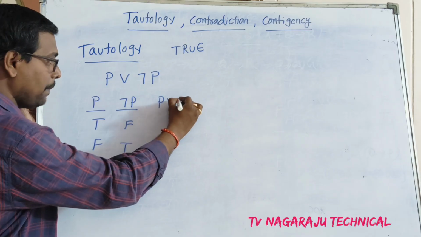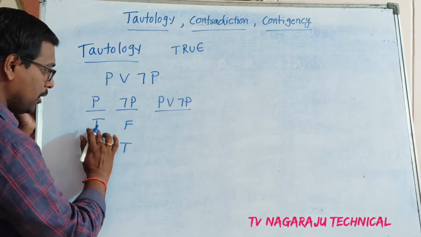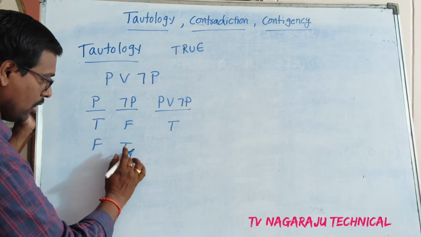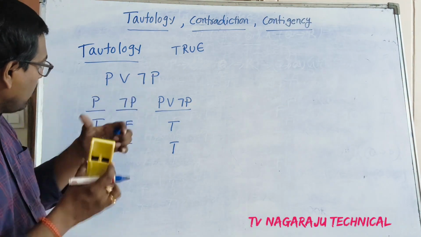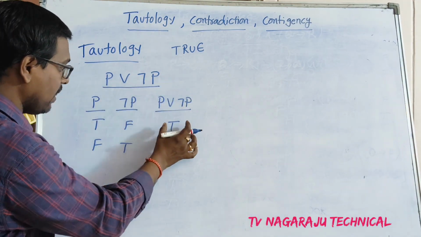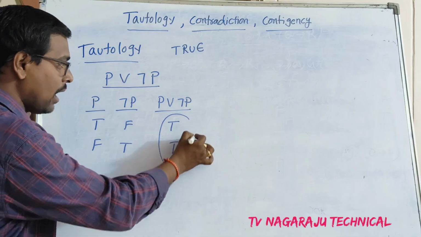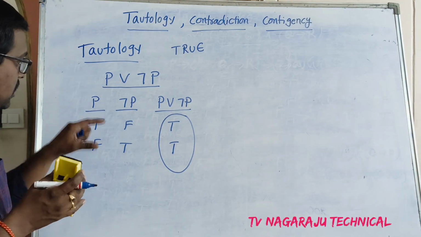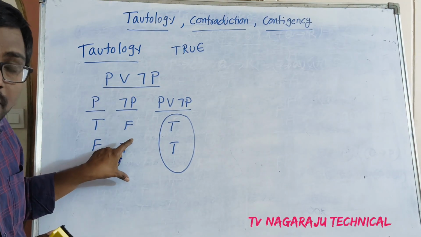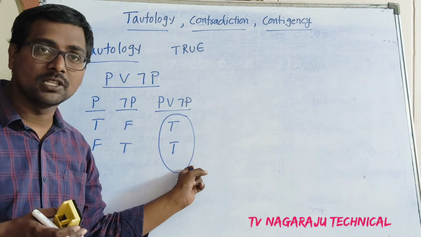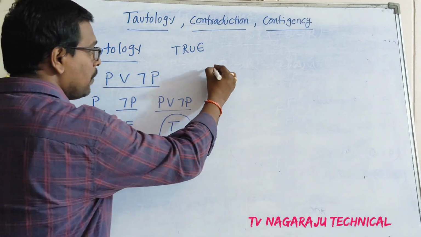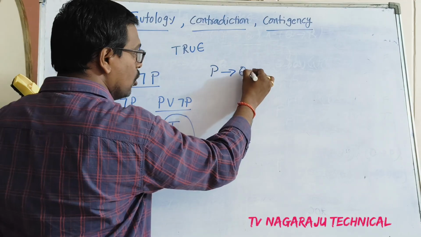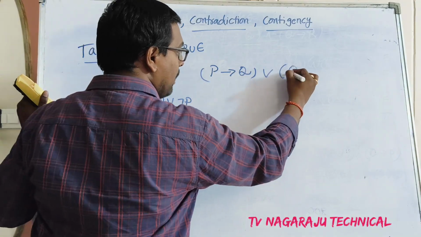Now construct P or negation P: true, true. Whatever combination of the statements we are given, the result is true. That is called a tautology.